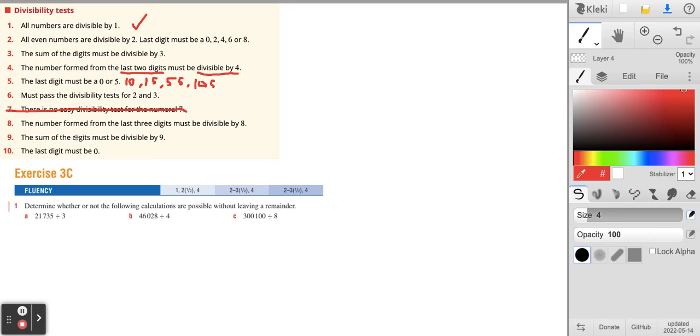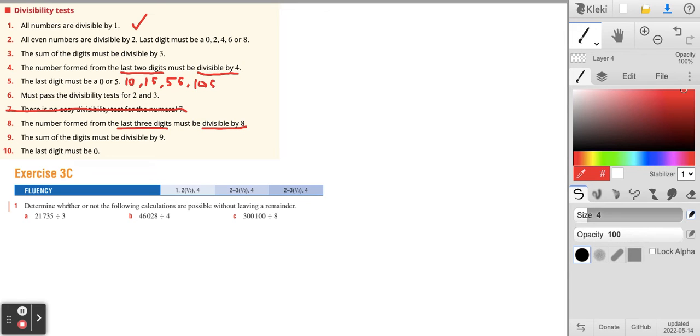For 8, you look at the last 3 numbers and check if they are divisible by 8. For 9, it's similar to 3: you add all your digits together and check if you can divide it by 9. For 10, you must check that the last number is a 0.